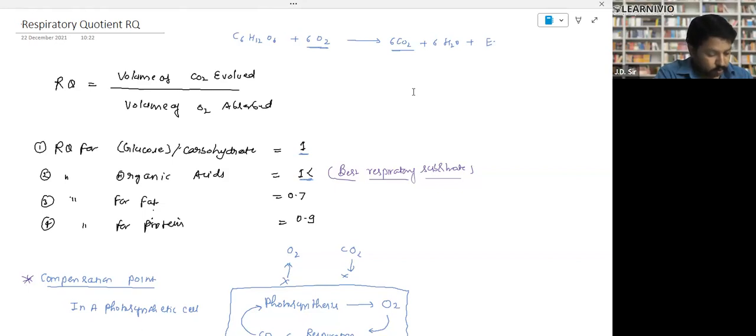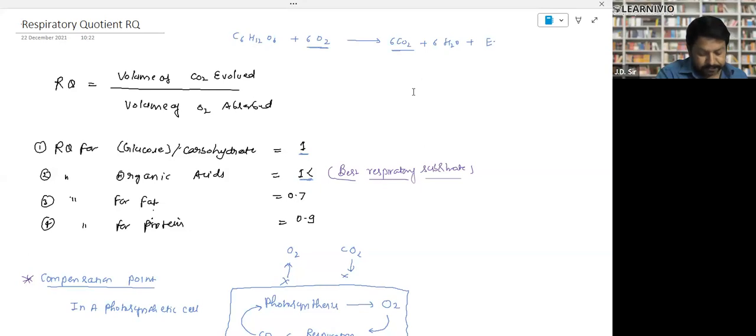What is the respiratory quotient or RQ? Note it down, please. This is the last thing which I want to tell you. You can note down the definition if you want. Please note down.